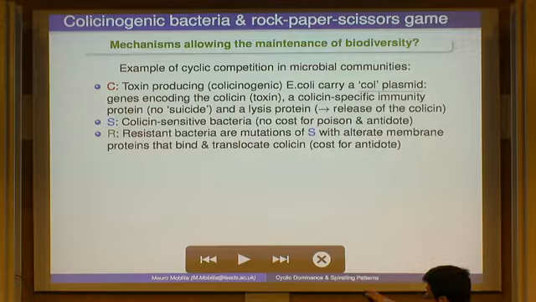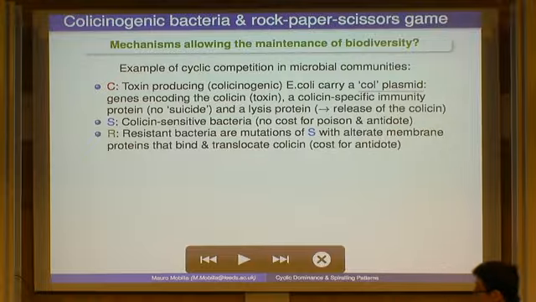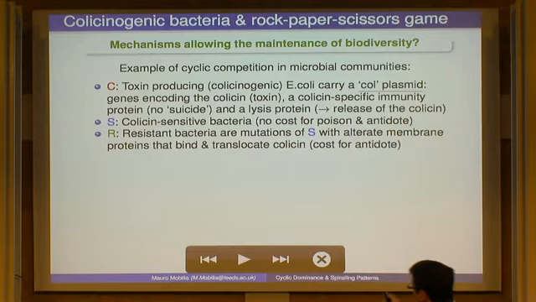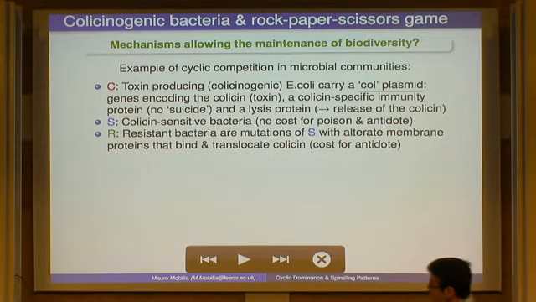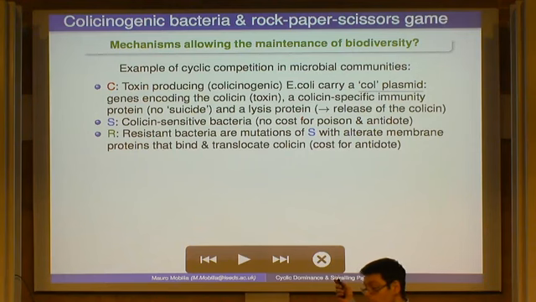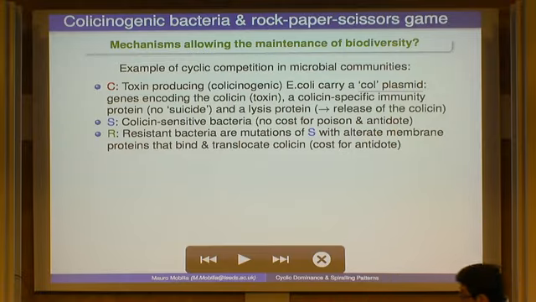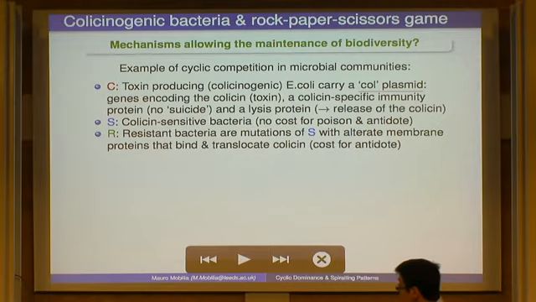In this experiment, there was one strain of E. coli that was a toxin-producing strain. So basically, this strain was carrying a colicin plasmid and releasing a poison, and it was also producing an antidote, so it was not committing suicide, right? This is the strain here called C. There are also colicin-sensitive bacteria.